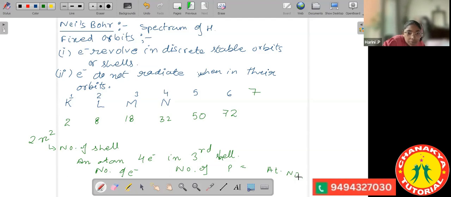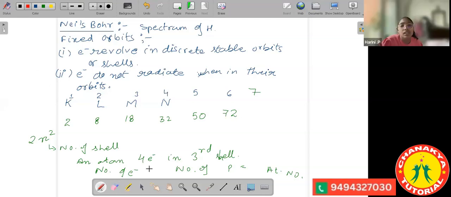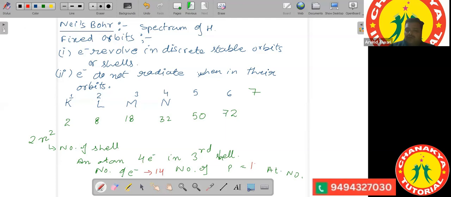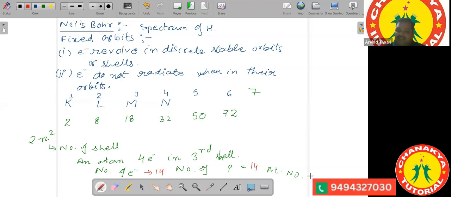Is the number of protons and electrons 14? Okay. So let's check. Yes, the answer is 14. For silicon, the number of electrons is 14. The number of protons is also 14. And which element is this? Silicon, Si. Yeah, this is silicon. Atomic number is 14 and the element is silicon.